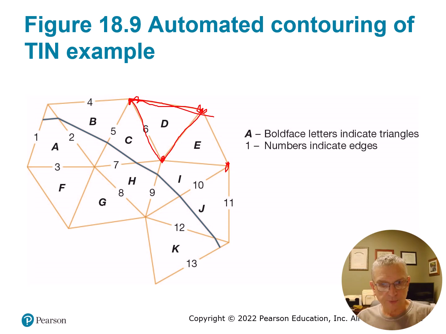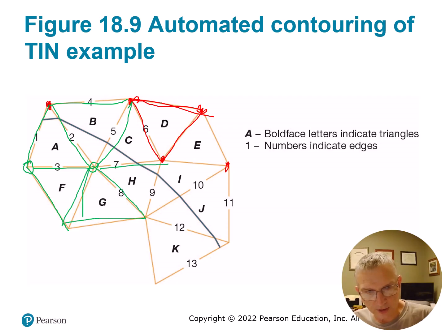So the algorithm would be that it might start over here at 1, or on top of this line 1, and then it's going to say, okay, I've got a line here, I've got another point here, I've got a point here, and then it's probably going to do some kind of algorithm where it jumps down here and it's going to say, okay, I've got a point here and a point here, and then it's going to jump over here and start connecting to the nearest points that it inverses until it creates this TIN. That's why I say if this gray line was a road or some kind of irregular feature, you would need to have additional shots and break lines so that the triangles represented the actual plane.